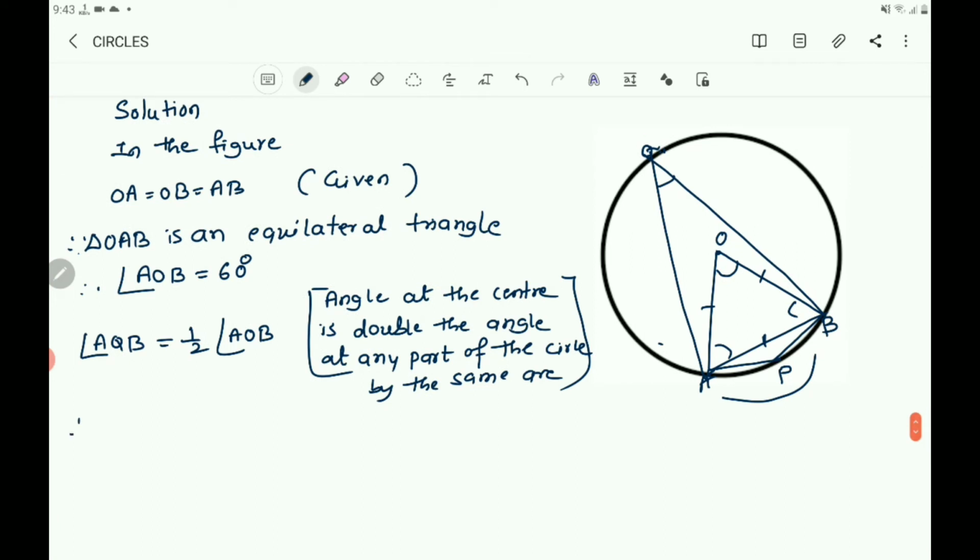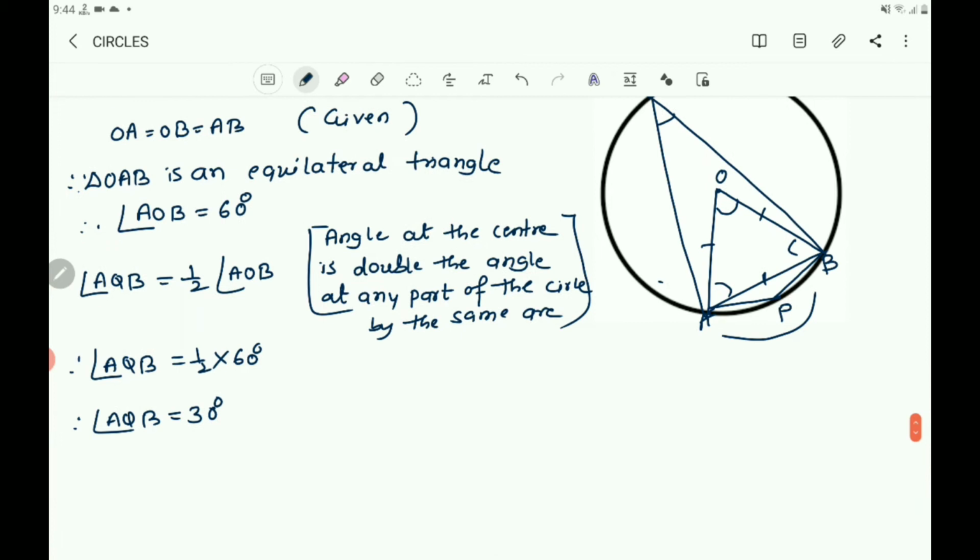So therefore you can write angle AQB equals half angle AOB. What is the measurement of the angle AOB? That is 60 degree. Therefore angle AQB equals how much? Half of 60 degrees, 30 degree.